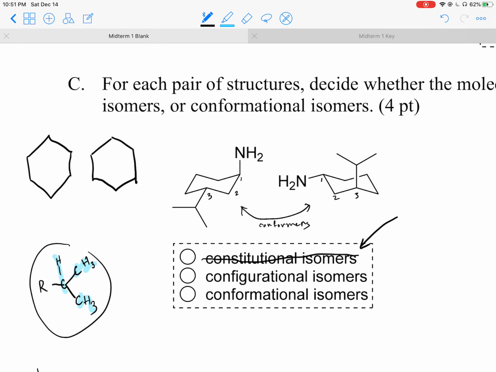Let me see, what are configurational isomers? So these are super different. Connectivity. These are rotation of single bonds.